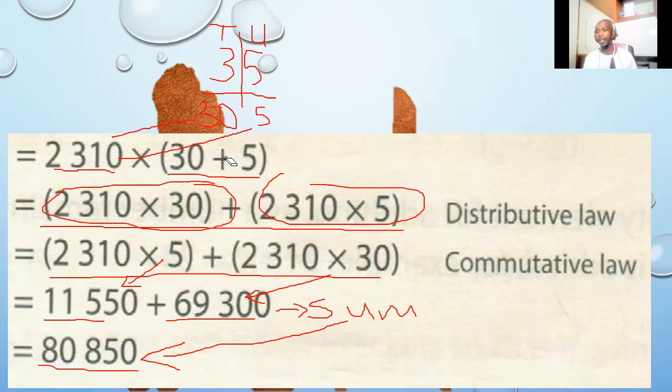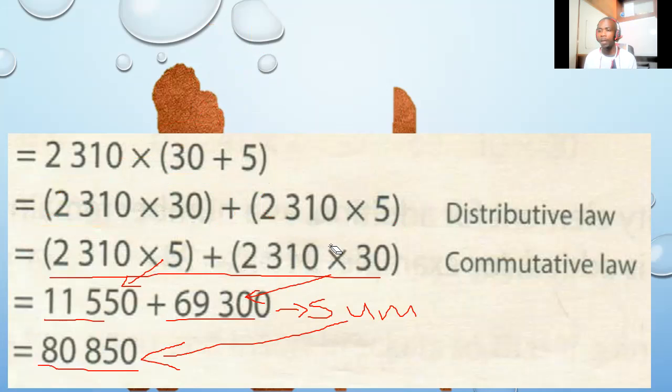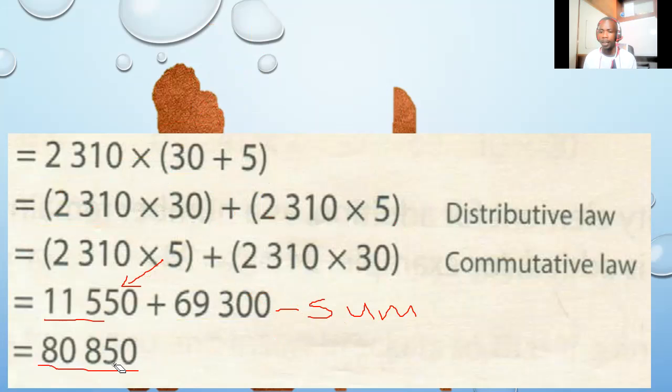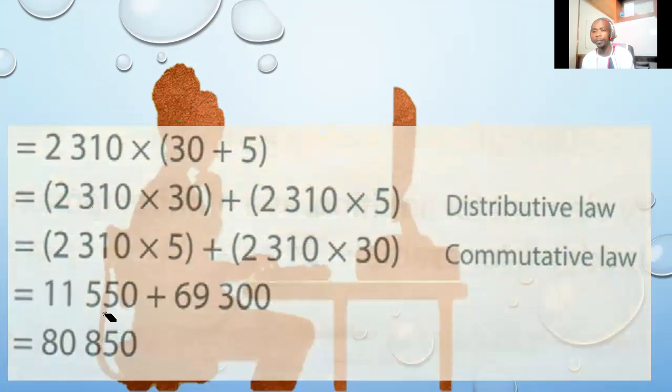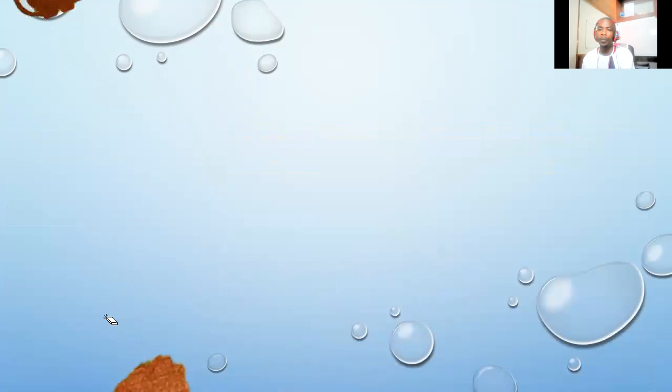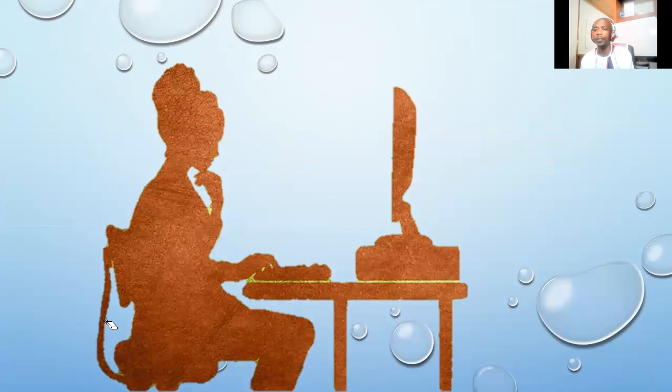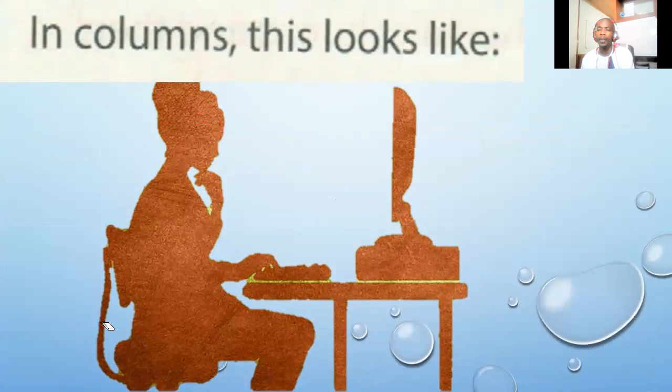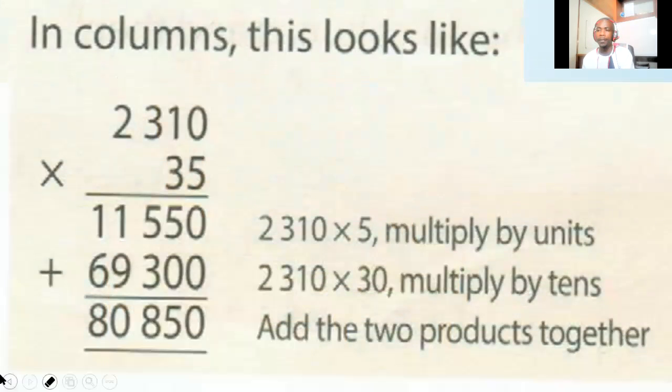So basically that's how we do multiplication. Let us also go and see how we can do multiplication in a column format. In a column format, it goes like this.